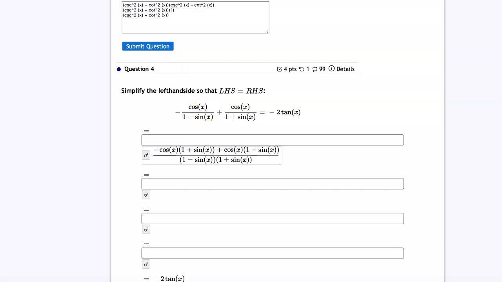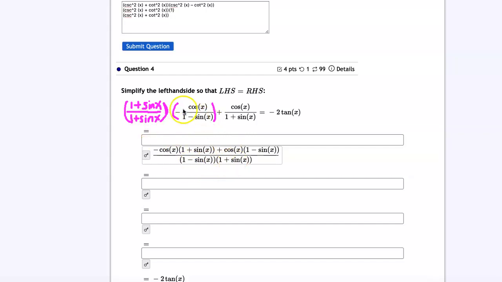Here, let me write this real quick. Okay, so I wrote out what I was talking about here. This first fraction needs to be multiplied by 1 plus sine x over 1 plus sine x, so that the denominator becomes 1 minus sine x times 1 plus sine x, and that's the denominator.